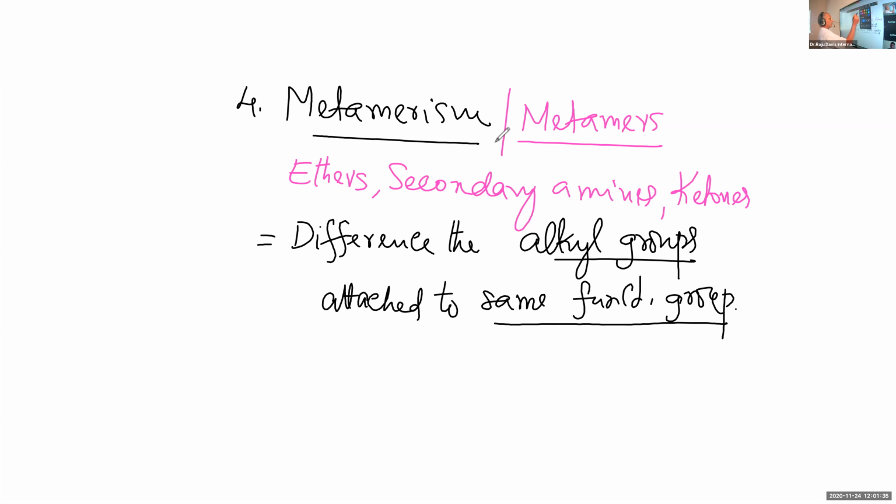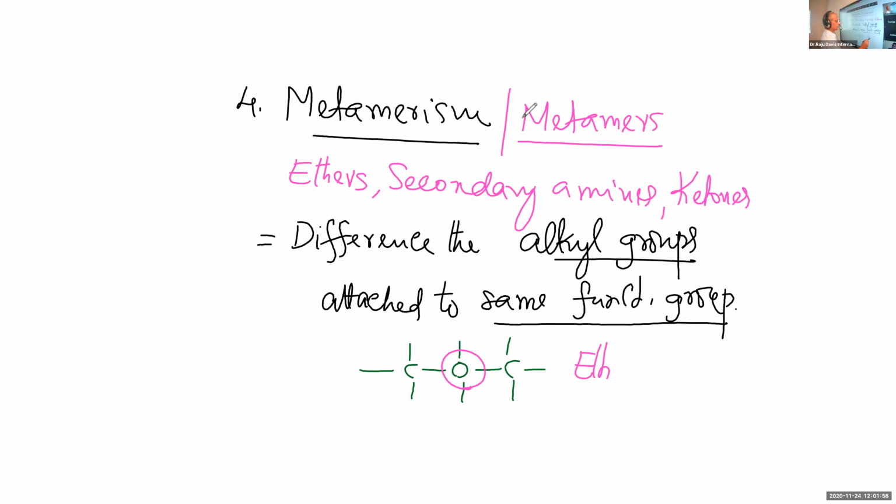So, what are ethers? Do you remember? We had seen last day. We have a compound like this, an oxygen bridge between two carbon atoms. Such compounds are called ethers.